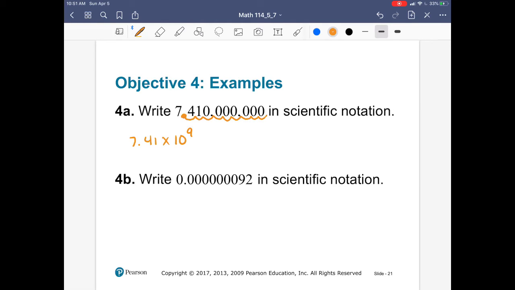Again, we need to put it between the first and the second digit. So it's 1, 2, 3, 4, 5, 6, 7, 8. So this is 9.2 times 10, but since I moved it to the right, this will become to the power of negative 8.